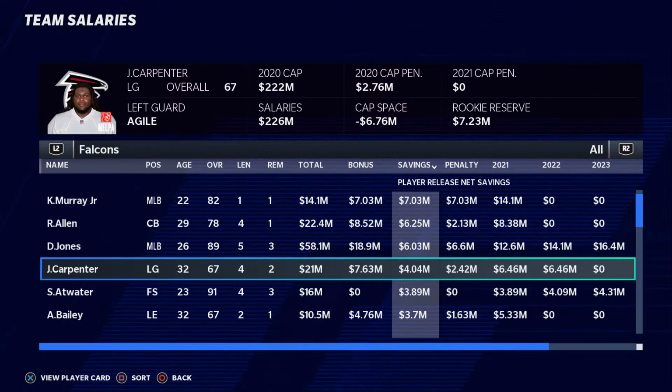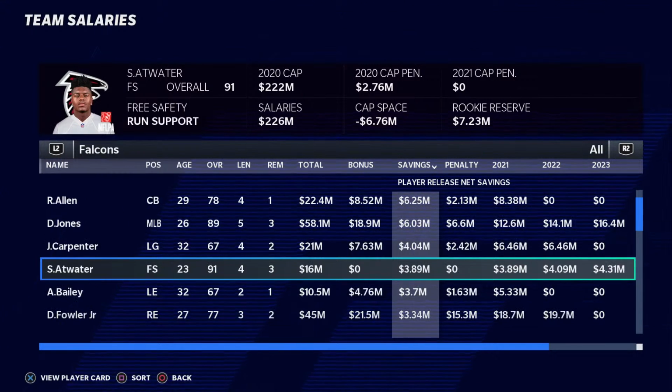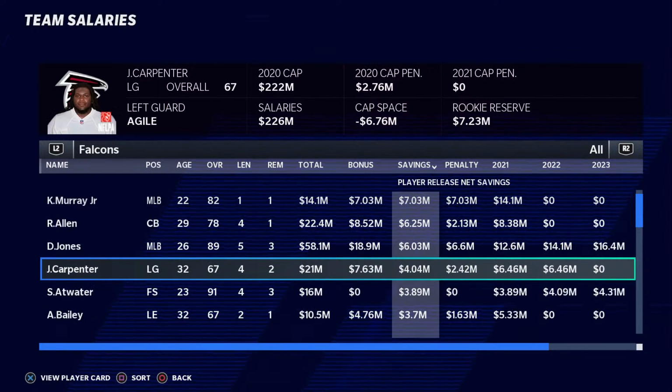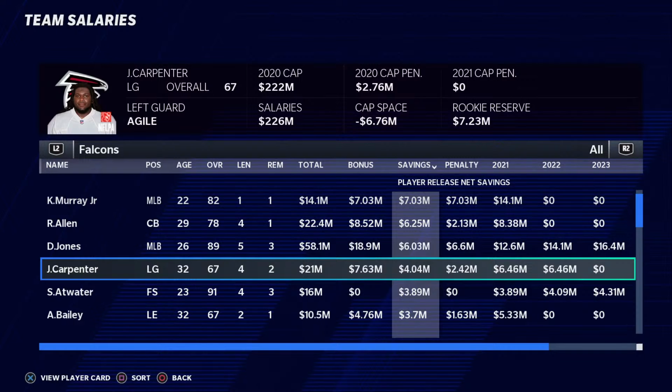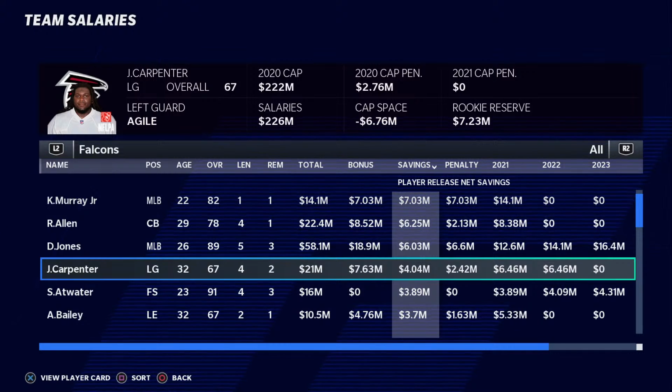Cut him. 67 overall, making $4 million. Cut. That'll save you $4 million. So now, if you cut him and Allen, you're out of the negative in cap space. Now you can sign free agents and do whatever. You won't have a lot, but again, you're out of the negative and into the positive.